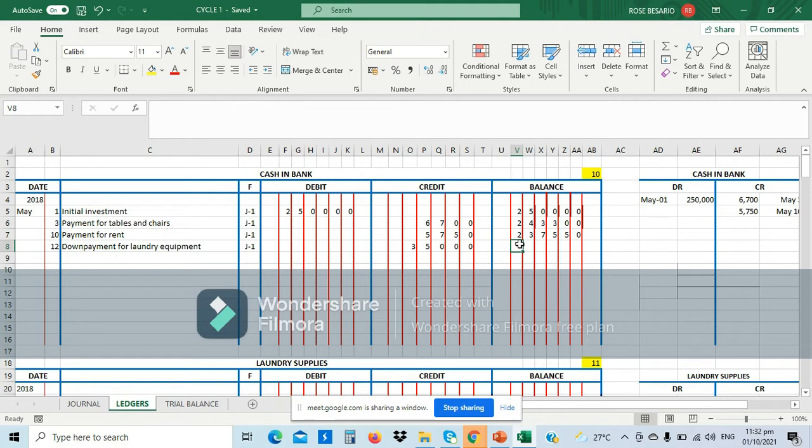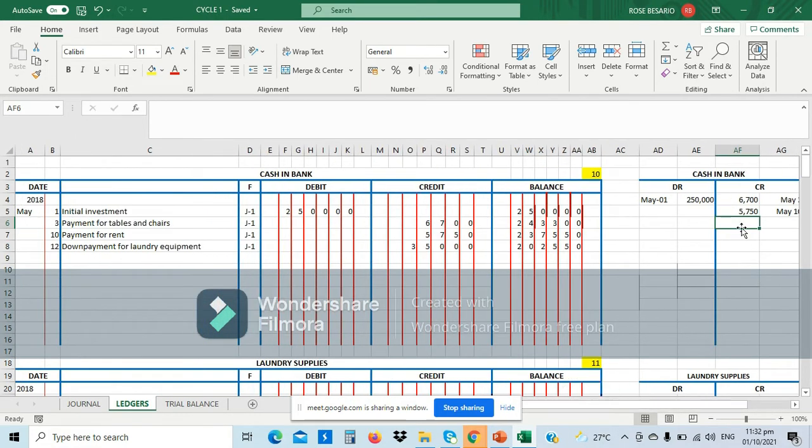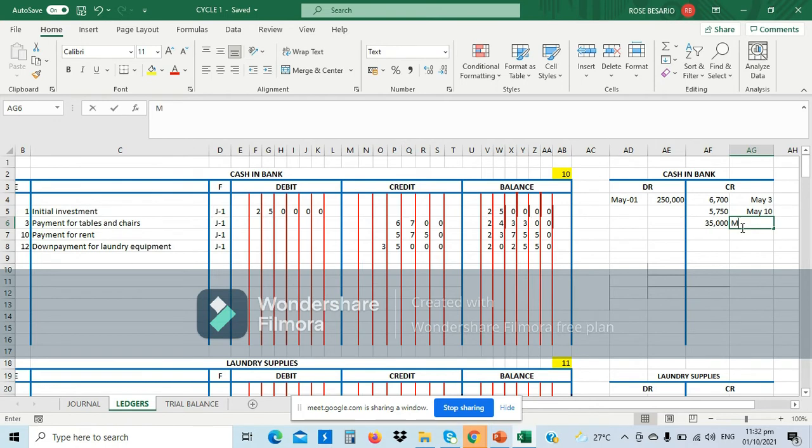So 237,550 minus 35,000. So it's 202,550. Okay, and then in your cash in bank T account, you also have to post it on the credit side, 35,000. That's May 12.